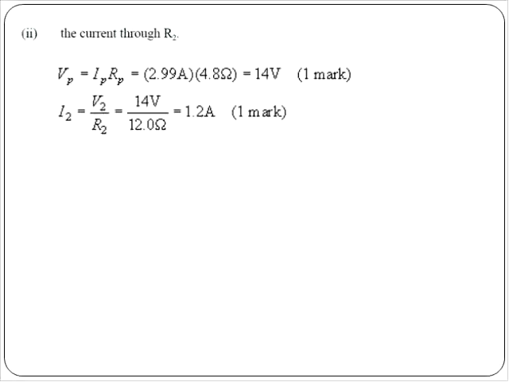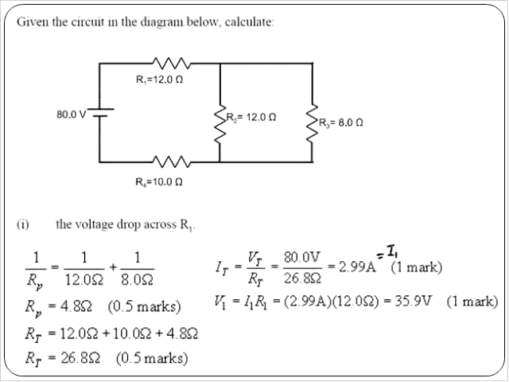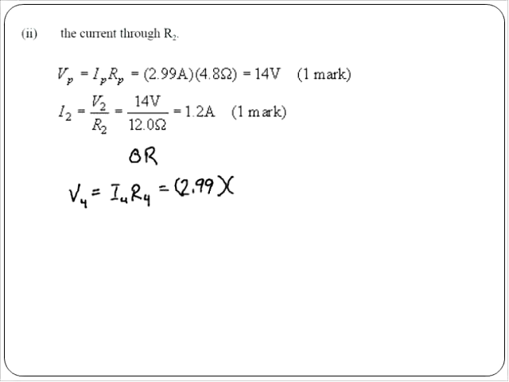Okay, that was a slightly different way to do it actually. The other way that I mentioned was to find V4, which would be I4 times R4, which would be 2.99 times the other resistor, which was 10, which would be 29.9 volts.